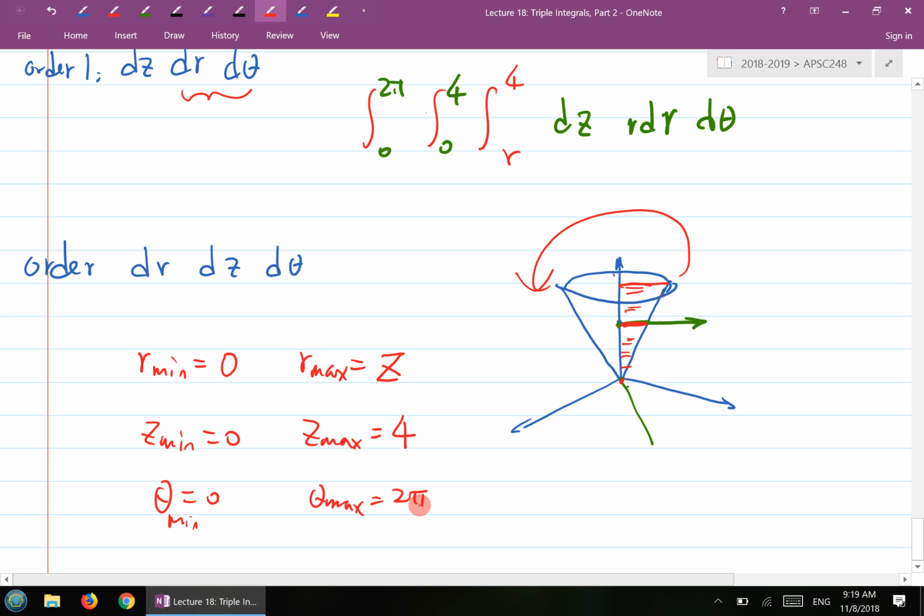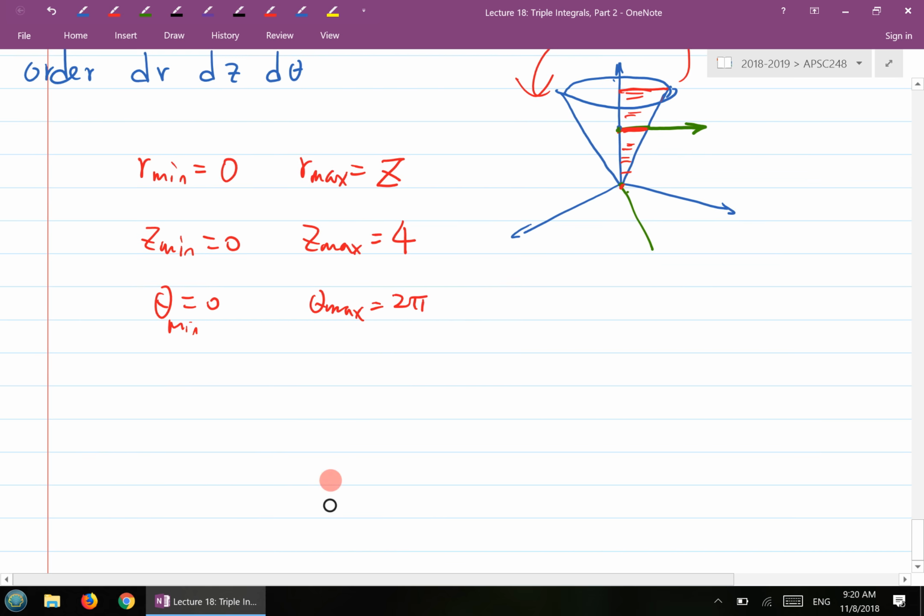That make sense? So this idea of scanning is sometimes better than anything else. So I want you to think about, what about d theta, dr, dz? Another order.